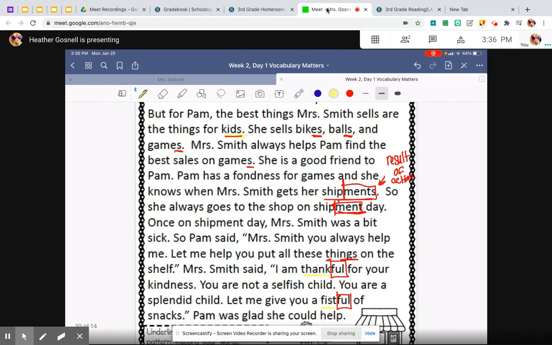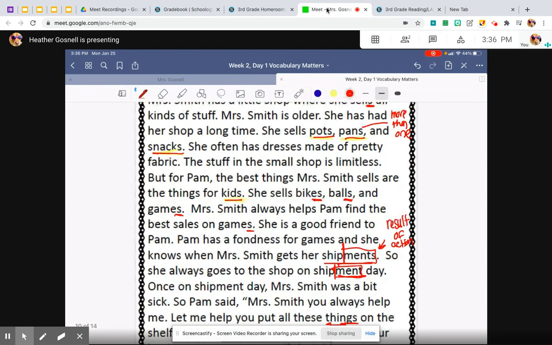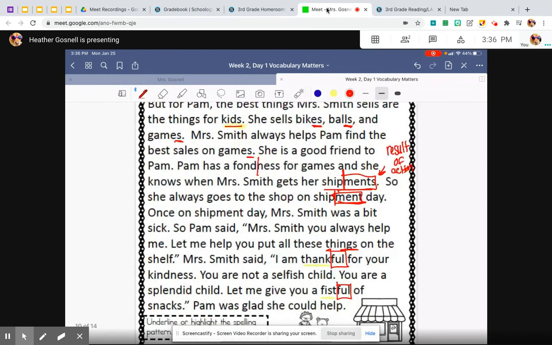And then, let's see. In class, we also found the suffix ness, in fondness, meaning you like something. To be fond about something, really like it. The suffix ness means state of being.